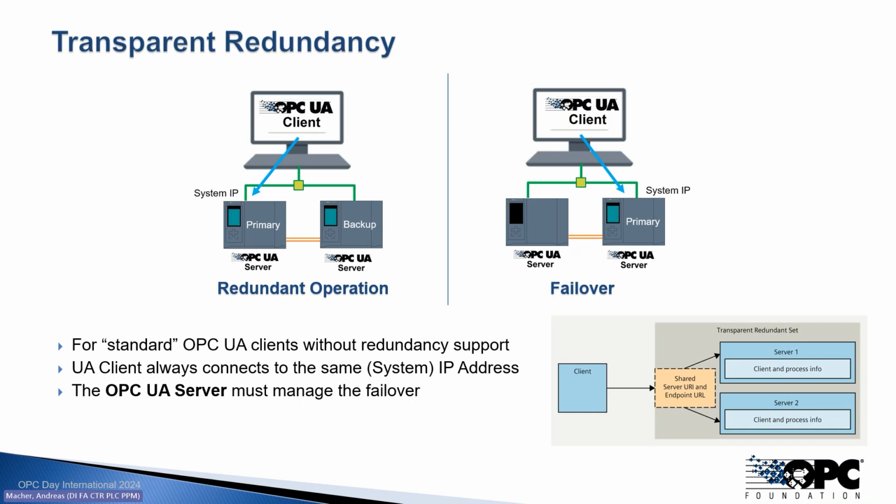When there is a failover, the server has to manage it, so it has to make sure that the endpoint is also there on the backup server. From the client's point of view, a failover is just a short interruption in communication, and then it finds the same server again. It's made for all the clients which are not aware that there's a redundant system below.